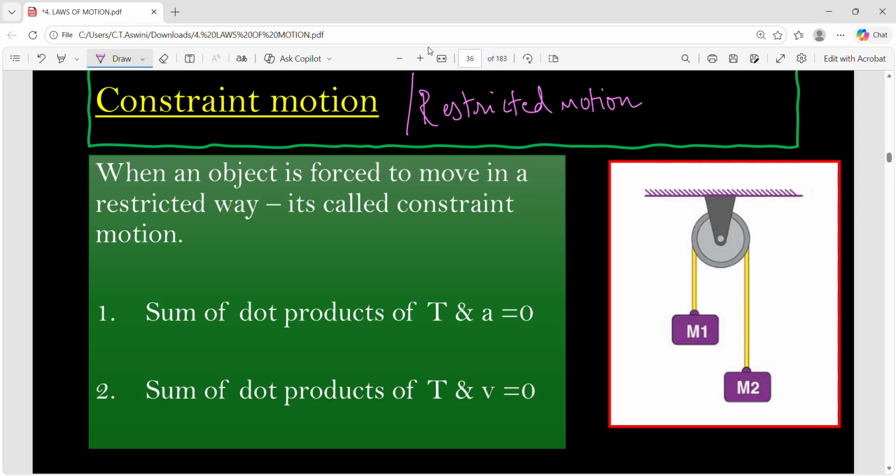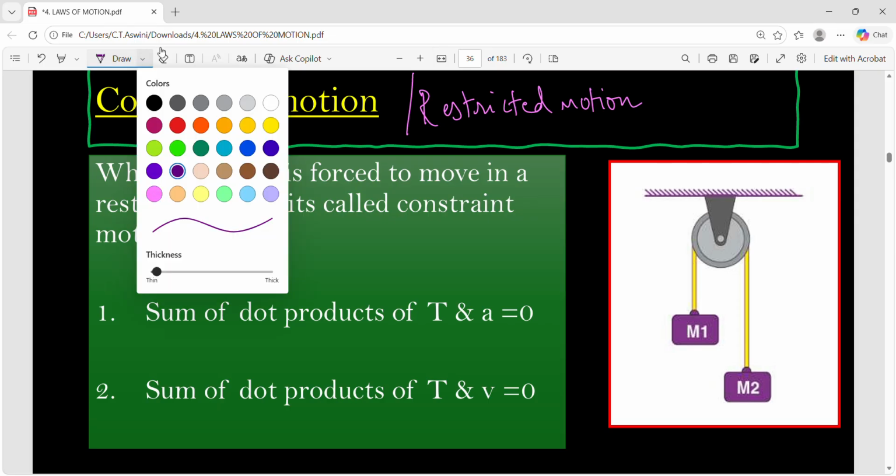But you wanted to move in a zigzag way. You are running here and there, but suddenly the teacher has come. So what will you do? You'll move in a disciplined way. That means your motion is restricted. You want to move in some different way, but you are not allowed to do so. That's called constraint motion.